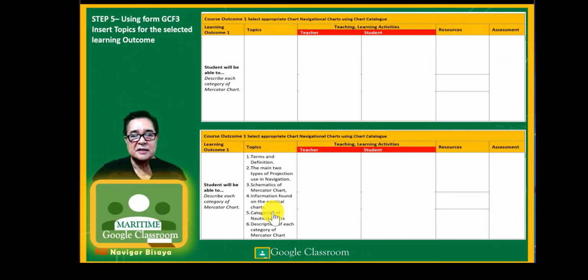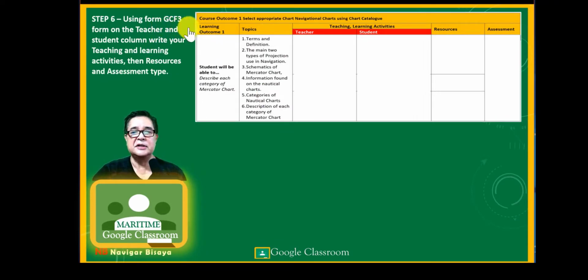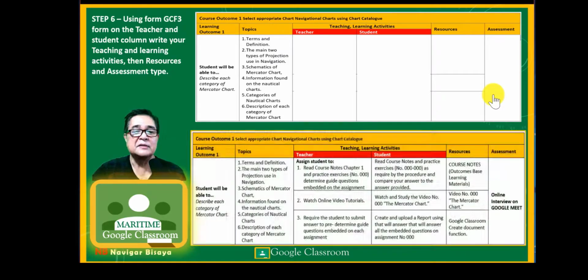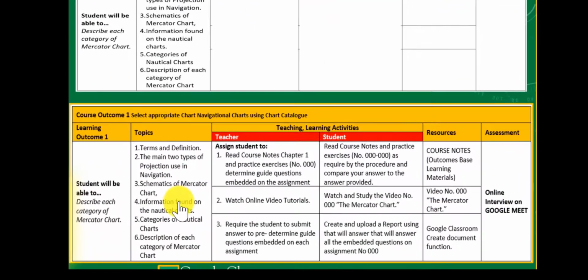Step 6 is using the same form, GCF3. On the teacher and learning student column, write your teaching and learning activities on this column. Then your resources and assessment. So it would be this one. So complete teaching and learning activity for course outcome 1 and learning outcome 1.